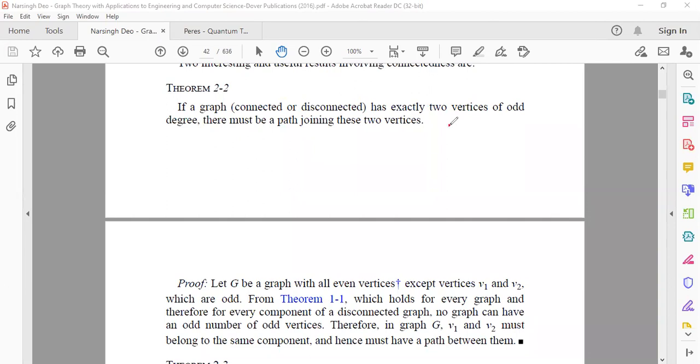Suppose I am considering this particular graph, which is a very simple graph. Okay, it is a connected graph, of course. So we have three vertices over here. Now, what is written? It is written that if a graph which is connected has exactly two vertices of odd degree, so you see that in this particular graph, if I draw the graph in this particular manner, vertex 2 has degree 1 and vertex 3 has degree 1.